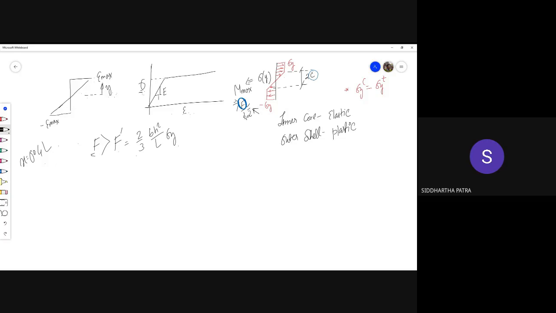It would not be F by 2 times L by 2, it would be F by 2 times 0.4 L. But then you'll also have to identify the force value at which the yielding starts at 0.4 L. But right now I'm just doing it in the middle. So the next thing is, I should be in a position to relate between the maximum bending moment.